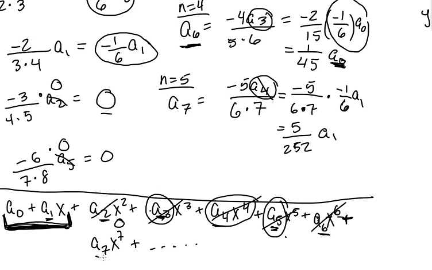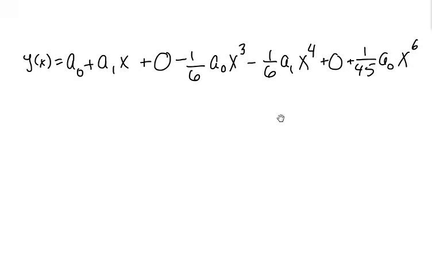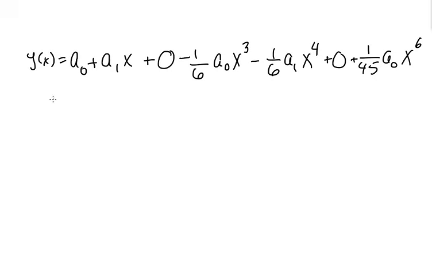So now we have to find a sub 7 and then multiply by x to the 7th. So a sub 7 is 5 over 252 times a sub 1. So plus 5 over 252 times a sub 1.